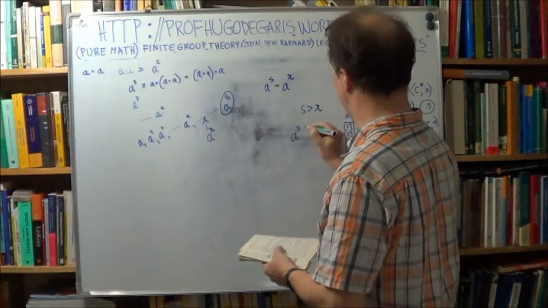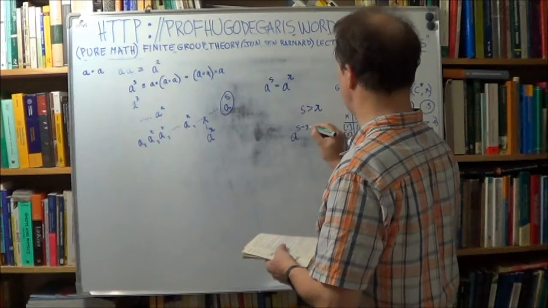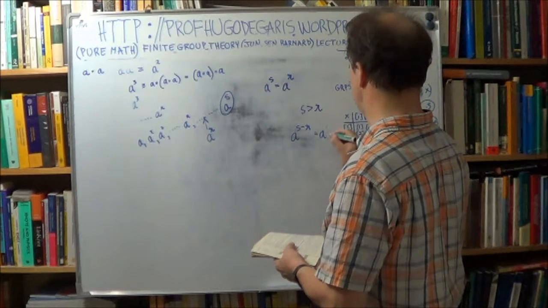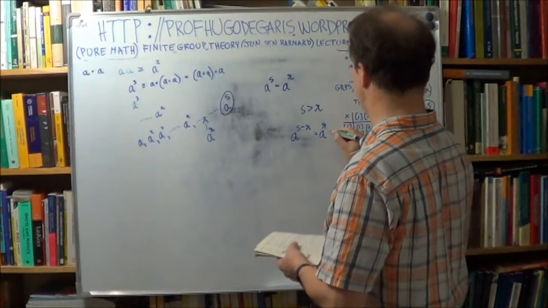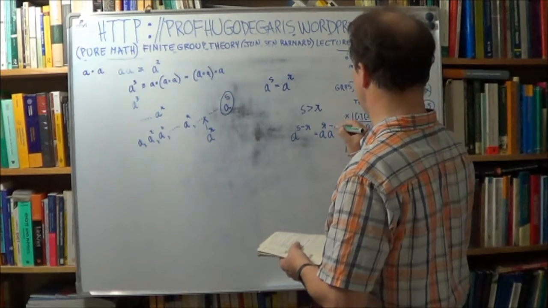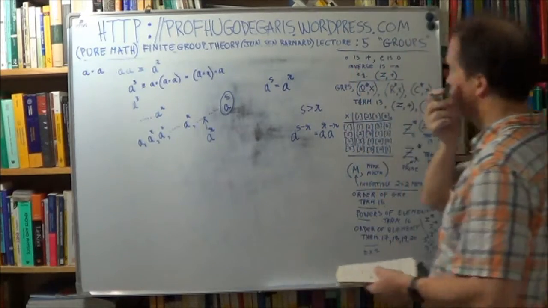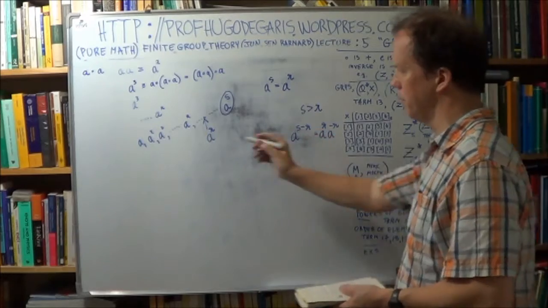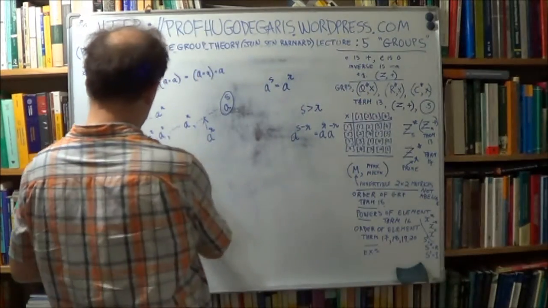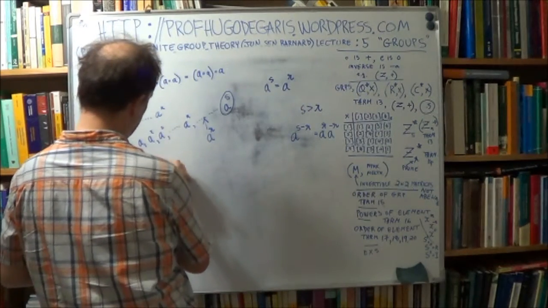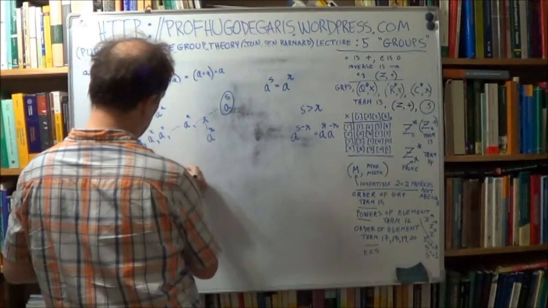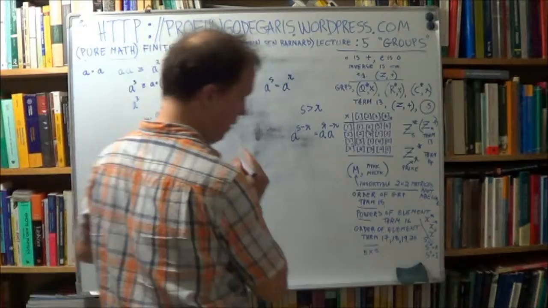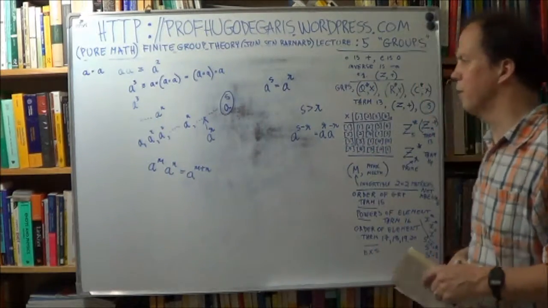So A to the S minus R is equal to A to the S times A to the minus R. Now, can you follow that? Well, maybe I've skipped a step. Let me prove something. A to the M times A to the N is just A to the M plus N. Does that seem fairly obvious?